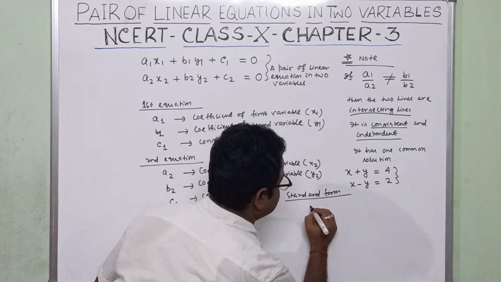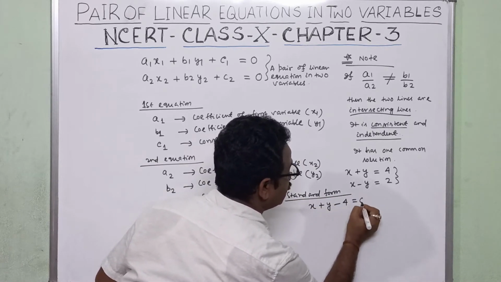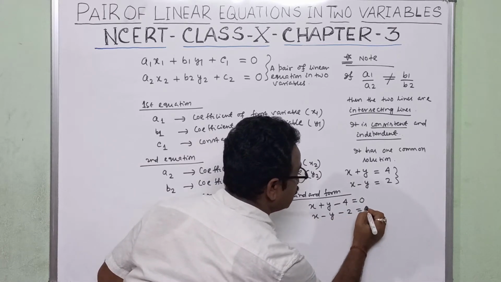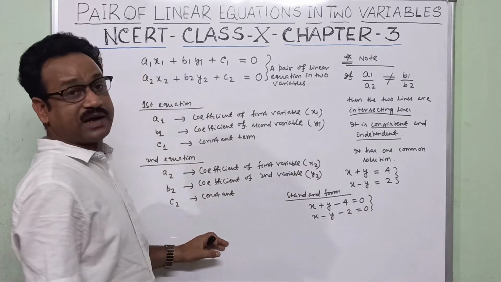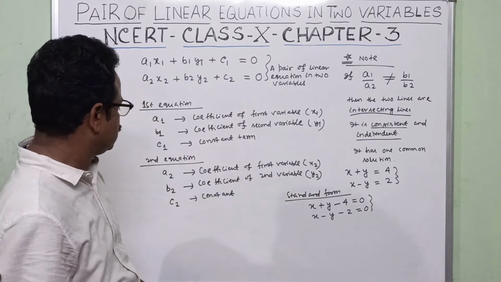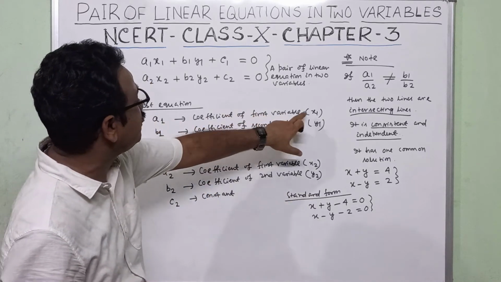What standard form? x plus y minus 4 is equal to 0, x minus y minus 2 is equal to 0. So this is a pair of linear equations in two variables. Now what is your a1? Coefficient of the first variable x.